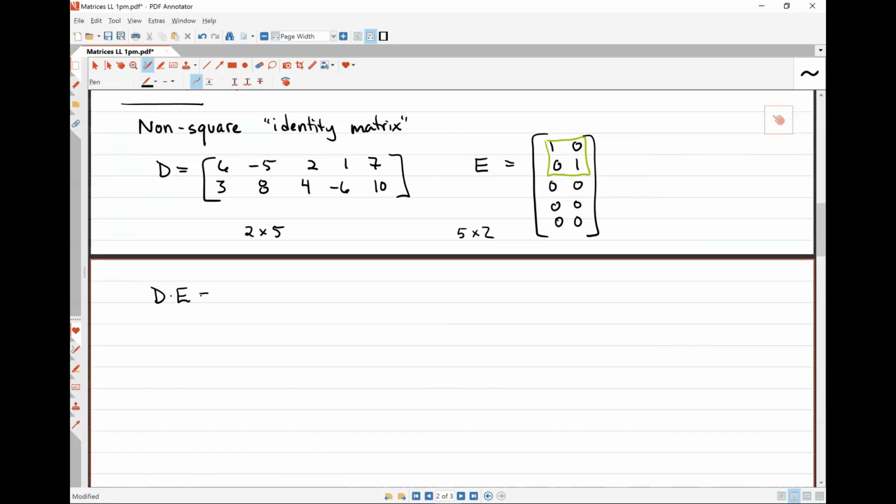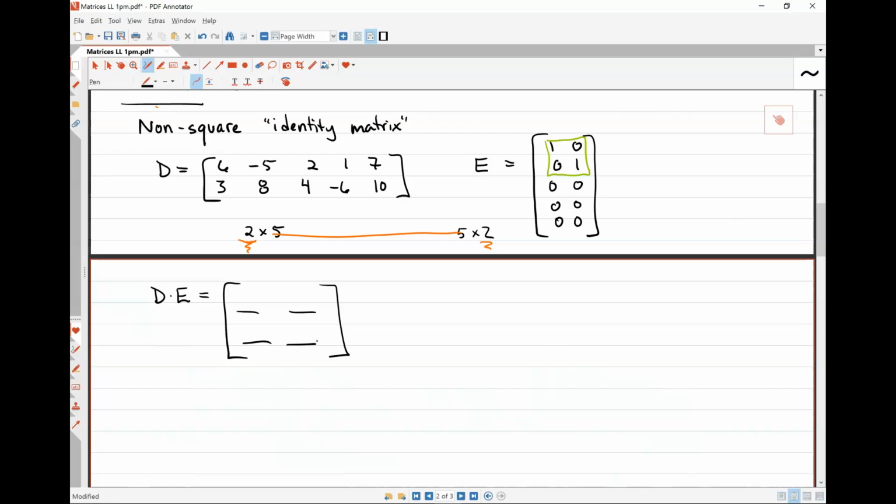So the middle ones cancel out, and we keep the edge ones. I know I'm going to end up with a 2 by 2 product, so I have 4 slots to fill in.